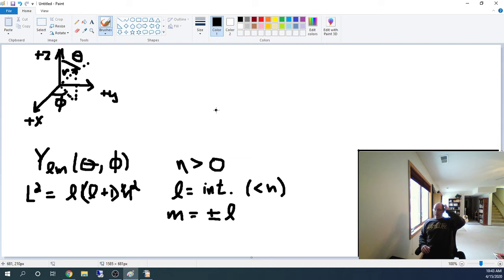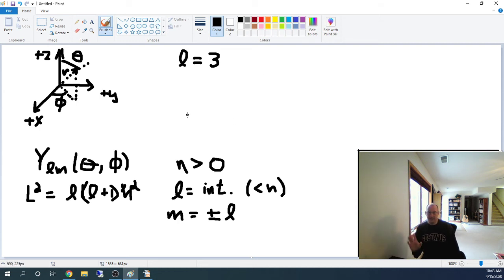So let's talk a little bit about the angular momentum, and hopefully this will clarify some things. Let's say that I have a state where l is equal to 2. Let's go with l is equal to 3. This will be even better. Okay, l is equal to 3.